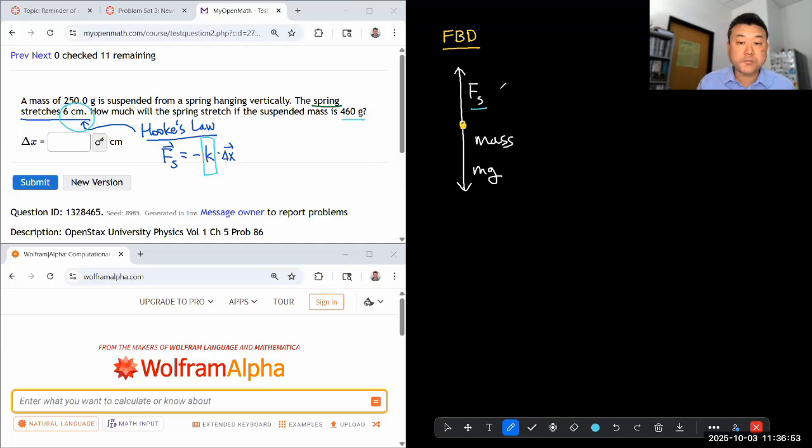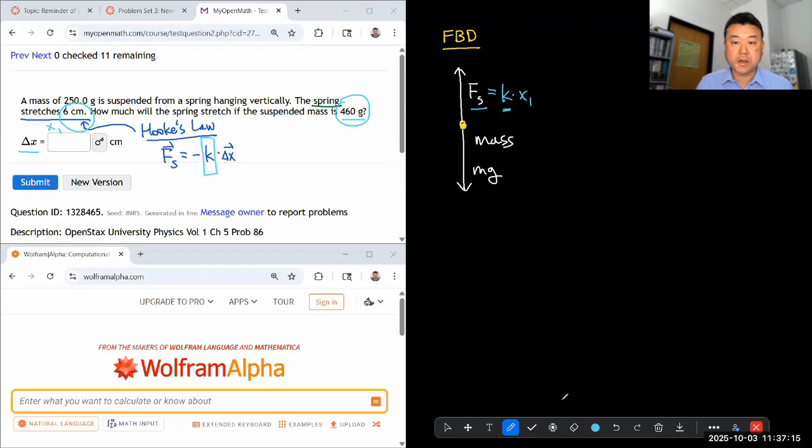So I can say my spring force here is k times, let me call this x1, that's been given, 6 centimeters, and I'll just figure out k, and then once I know k, I can recalculate how much it stretches, delta x, with a new mass, 460 grams.